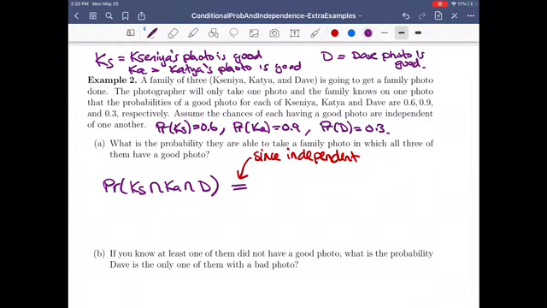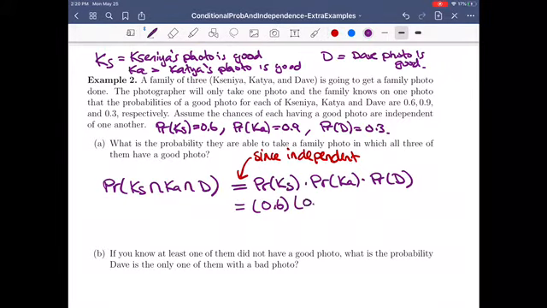Because they're independent, this intersection probability is just the product of the 3 events happening. So it's the probability Ksenia has a good photo times the probability Katya has a good photo times the probability Dave has a good photo. So it's going to be 0.6 times 0.9 times 0.3, which is 0.162.